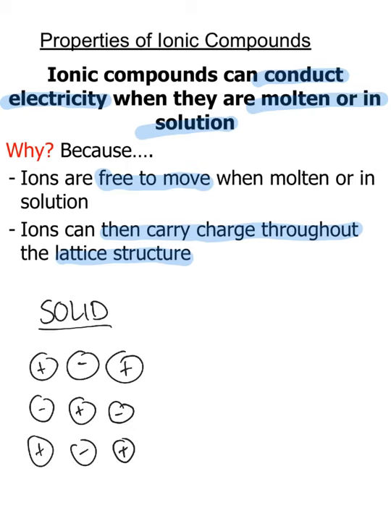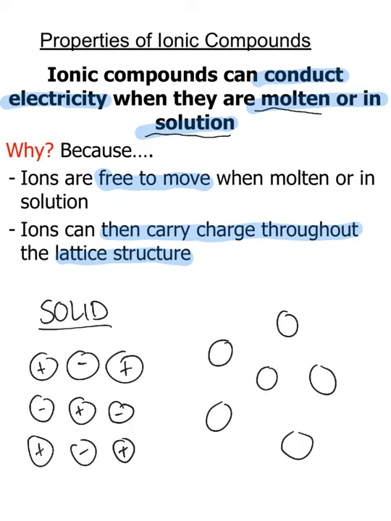The minute you start to try and melt something, i.e. make it molten, or the minute you add water to make it a solution, those ions disperse and the forces are no longer referred to. Now all of these ions are free to move, so each of them is moving around in all different directions.